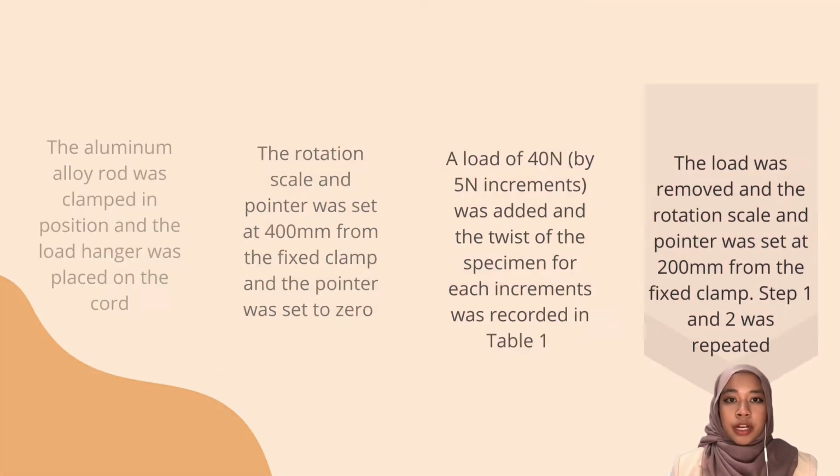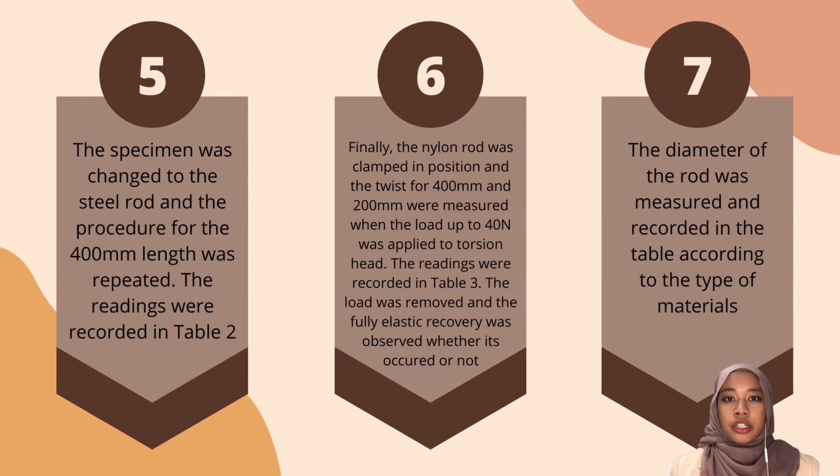Done with the first part, the specimen was then changed to the steel rod and the procedure for the 400 mm length was repeated. The readings were recorded in Table 2. Finally, the nylon rod was clamped in position and the twist for 400 mm and 200 mm were measured, when the load up to 40 Newton again with 5 Newton increments was applied to the torsion head.